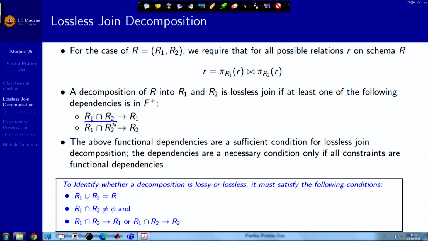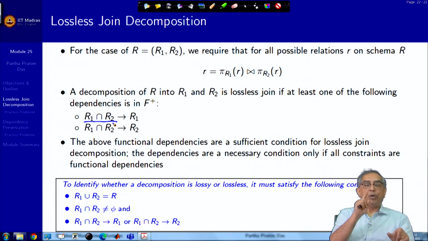But what if this set of common attributes uniquely determines R1? That means it is a key in R1. Then you ensure that on this common attribute there is only one tuple that exists in R1 for each value of R1 intersection R2.